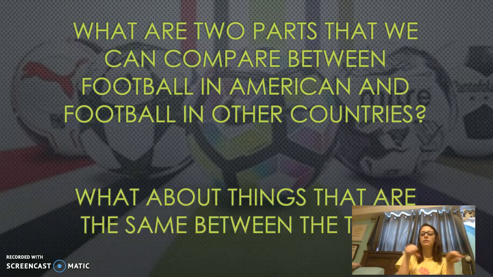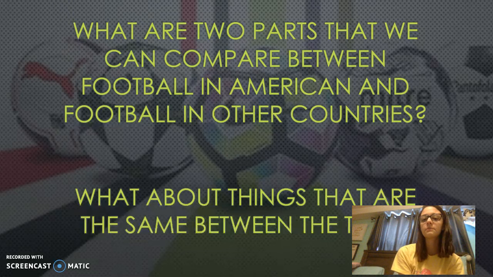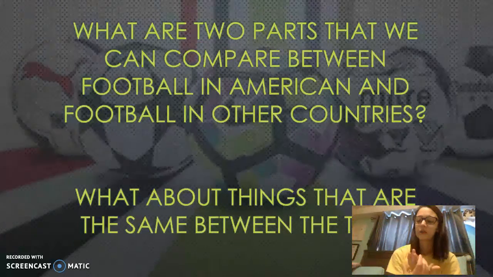And then I would draw on the board again another 3 boxes. And I would also come up with a couple things if they're struggling. So let's raise our hands and see what are some things that we all think are the same for American football and football in other countries.